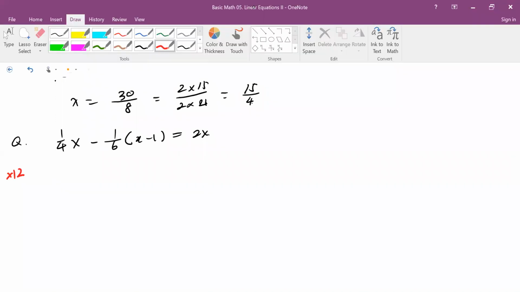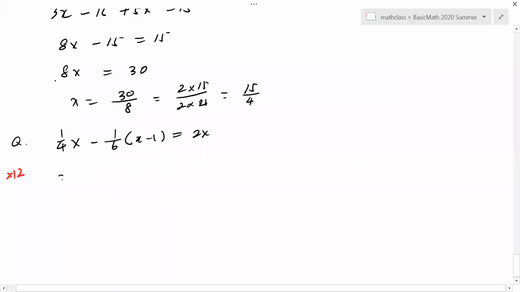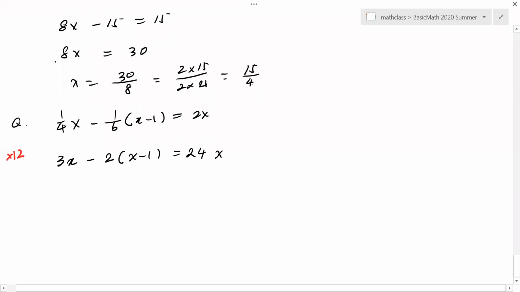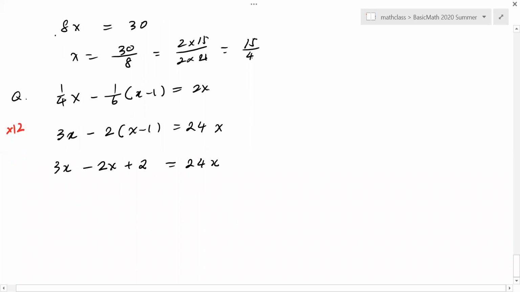Right? So 12 over 4 is going to be 3x. 12 over 6 is going to be 2. And 12 times 2 is 24. Okay. Then you have 3x minus 2x plus 2 equals 24x, right?